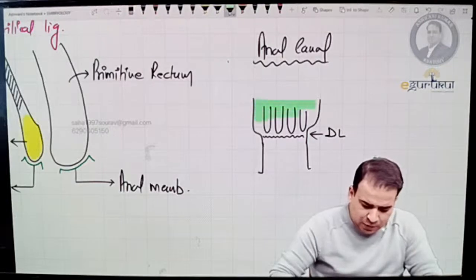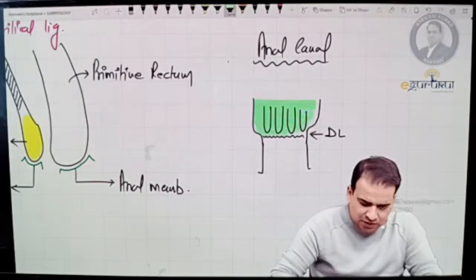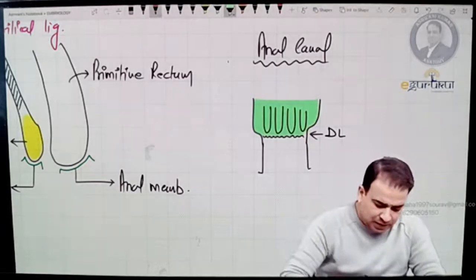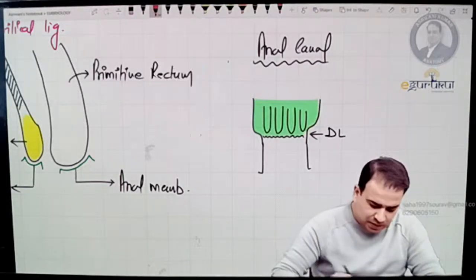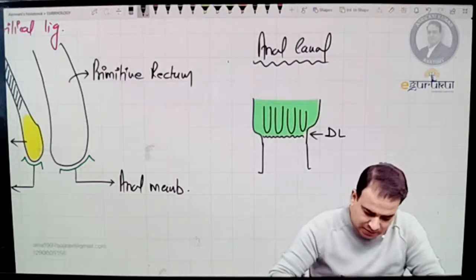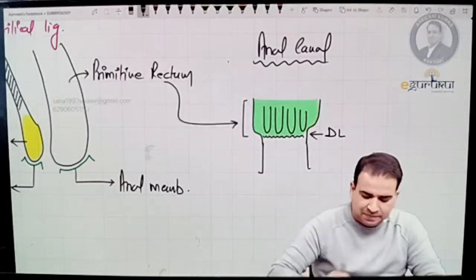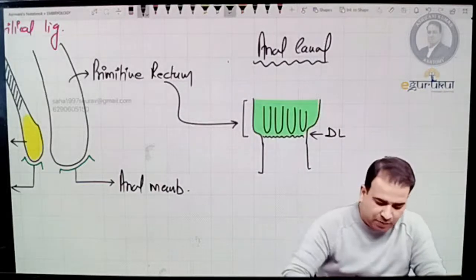And this part, the portion of the anal canal above the dentate line, which has all these sinuses, anal valves and everything, is derived from the primitive rectum.